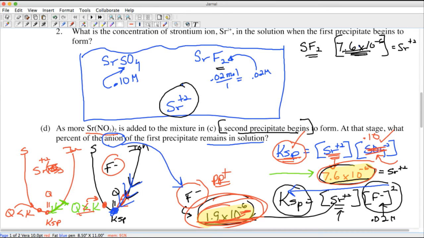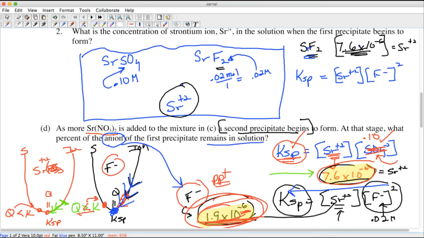How much is left? Well, we know the KSP, and we're going to use this reaction. So it should just be strontium fluoride is equal to the strontium plus 2 F negative, and of course that's squared.